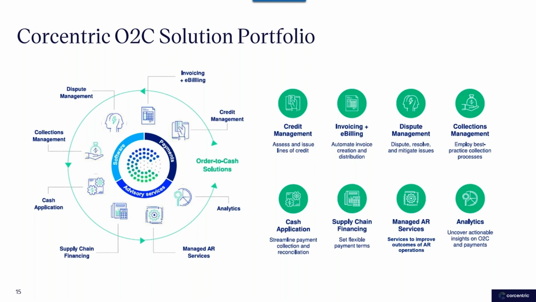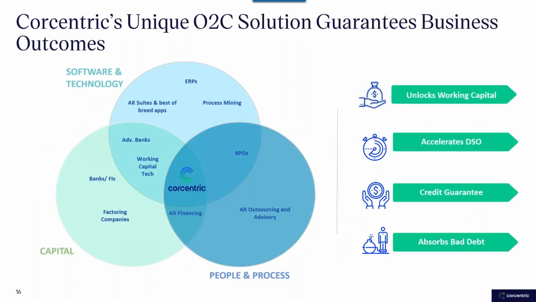The unique thing we do that is very different than most other solutions out there in the market is that Corcentric is perhaps the only one that brings all three pieces of the puzzle.